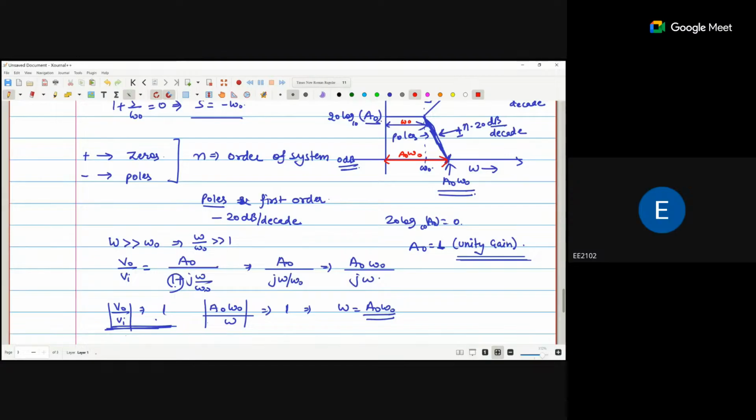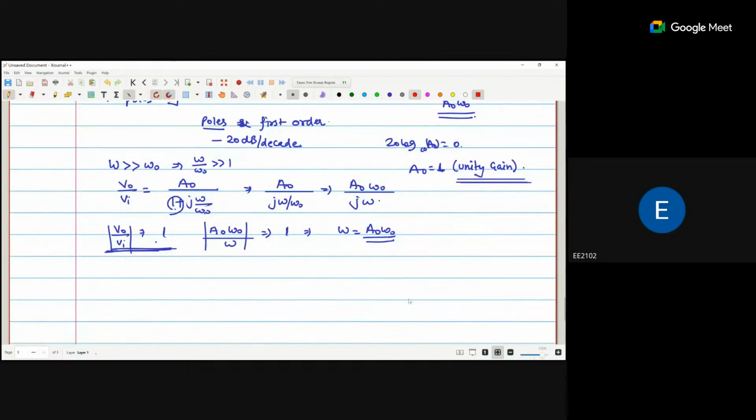Okay, now we already see that if omega is equal to omega naught, V naught upon Vi is what? 1 upon root 2. So that means it is called the 3 dB bandwidth.